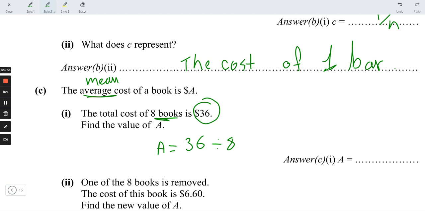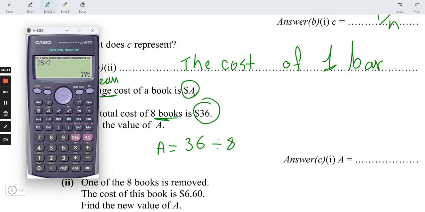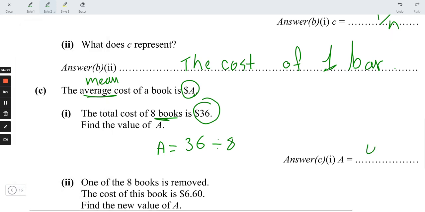So to find the value of A, because the average cost of a book is $A, A in dollars equals 36 divided by 8. 36 divided by 8 equals 4.5, so $4.50.